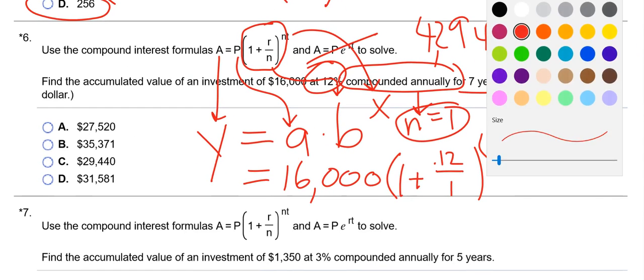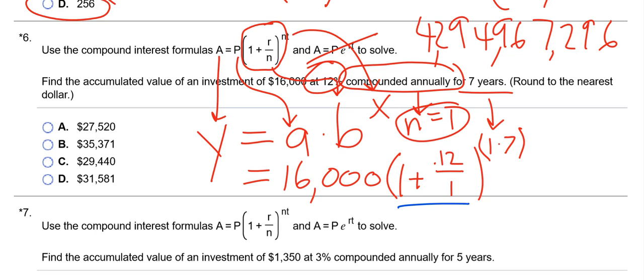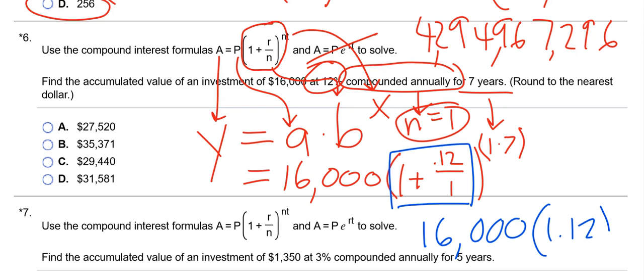What's the part inside the parentheses there that I highlighted with the blue? What is that number? Well, tell me what that number is. 1.12, right?